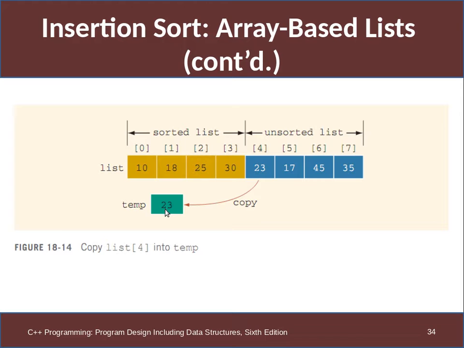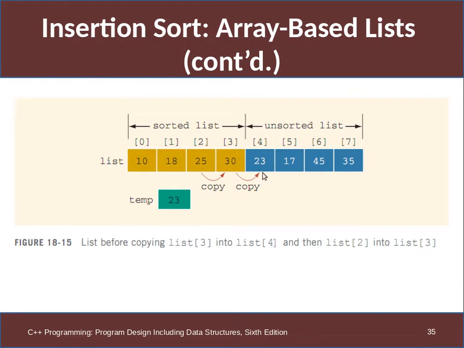So what actually happens is you take the 23, make a temporary copy of it. Then you copy the 30 over and then the 25 over. Warning, when you do this for your lab, you want to copy from the 30 side over, not the other way. Because if you start with the 25, then you're just copying the 25 to the 30 and then the 25 again to the 23 because you just overwrote the 30.